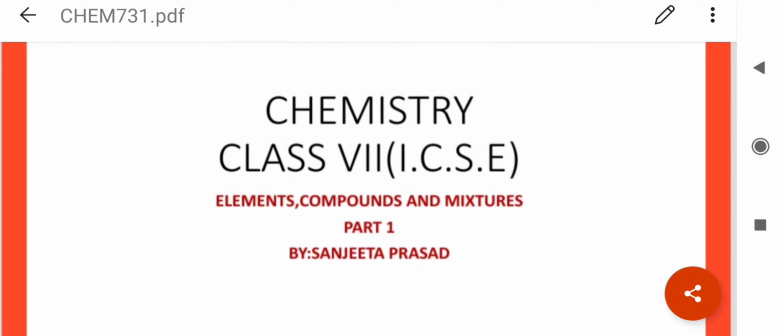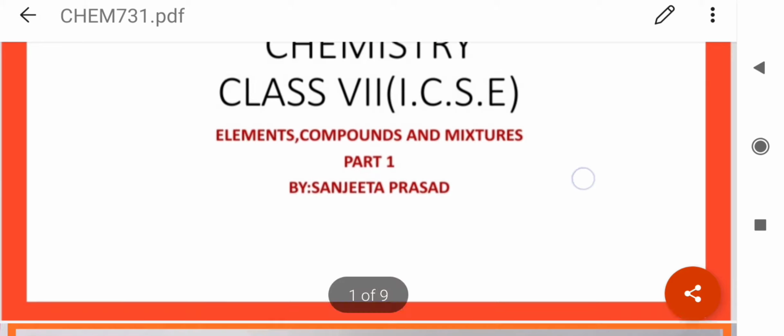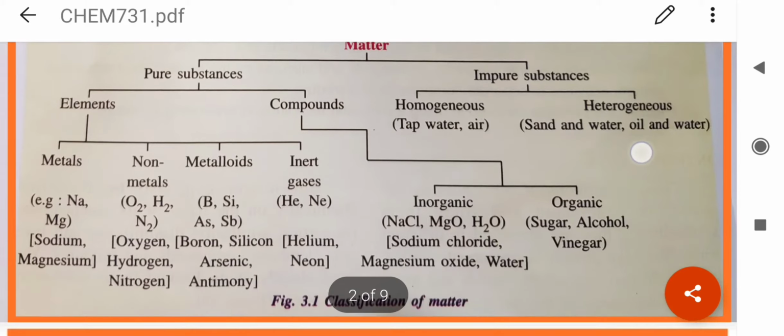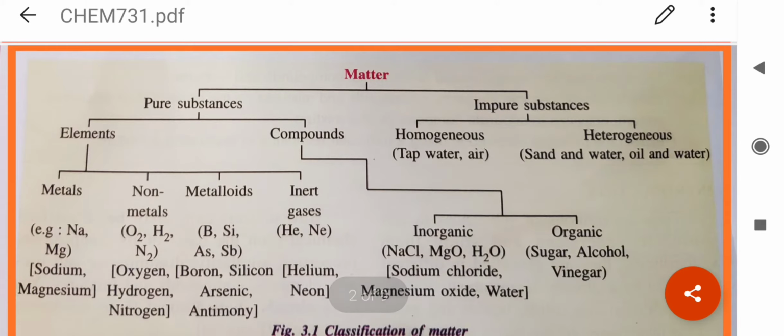Hello students, today we are going to start the next chapter, that is elements, compounds and mixtures. Now let's see the flow chart. Matter is of two types, pure and impure substances, and pure substances are again of two types, elements and compounds.